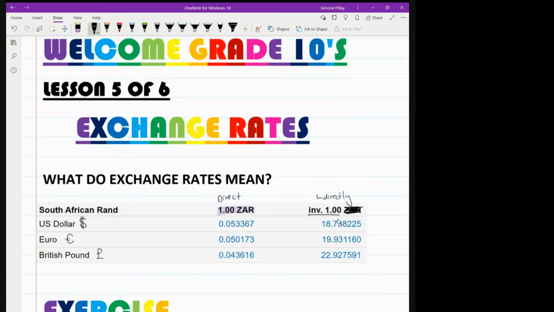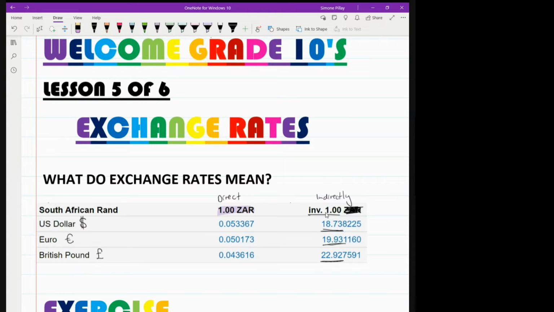And so we see here for $1, I'm going to get 18.73 rands. For €1, I'm going to get 19.93 rands. And for £1, I'm going to get 22.92 rands.